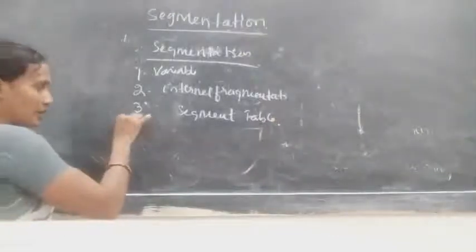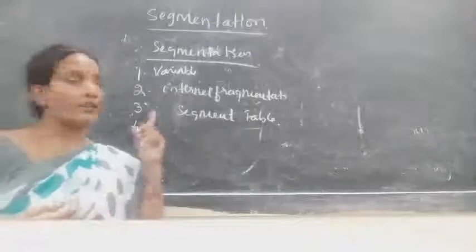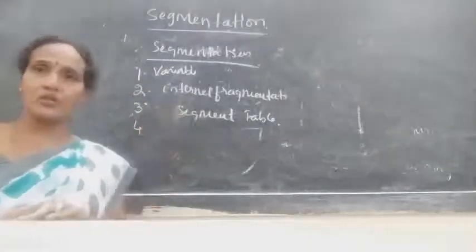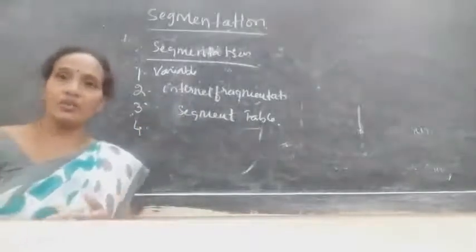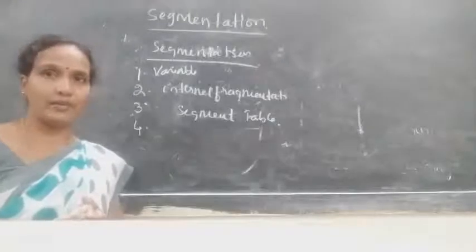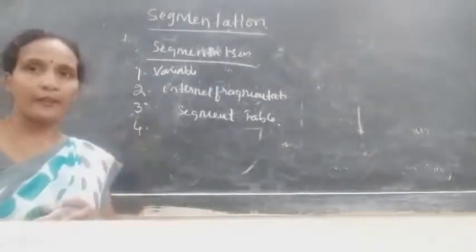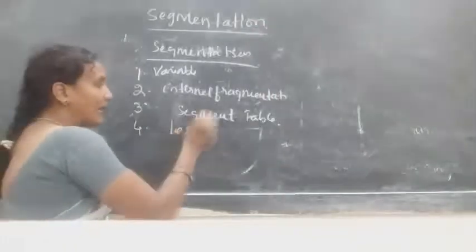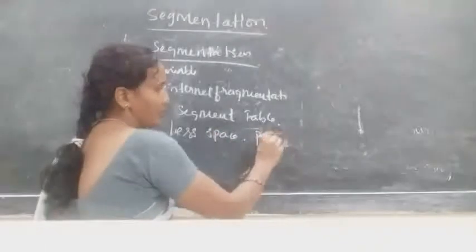And the next one is the segment table. Here variable means there is no fixed size, so that is why there is no internal fragmentation. Next, it is easy to locate a segment in the segment table. Easily the CPU can search a segment in the segment table. Clear? Next, the segment table occupies less space compared to the page table.